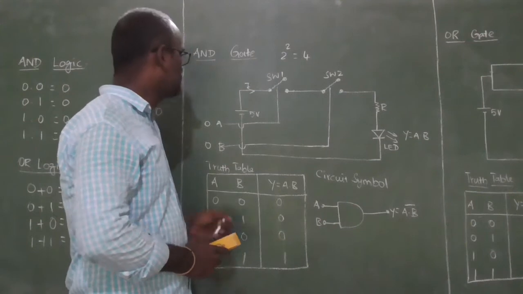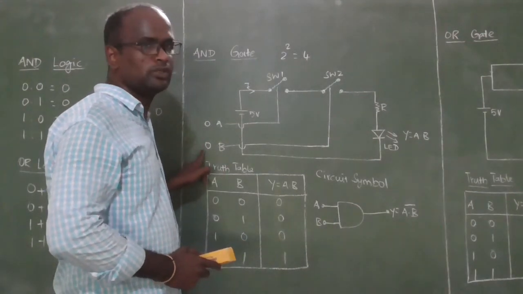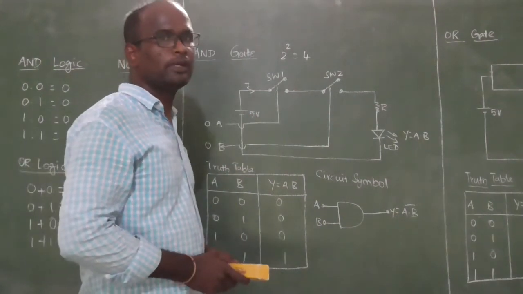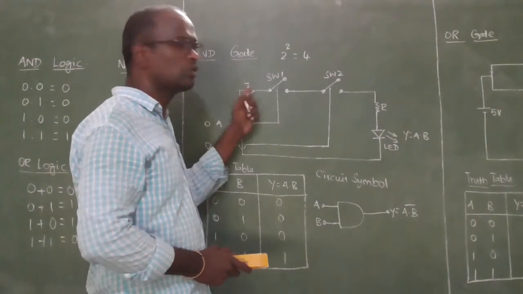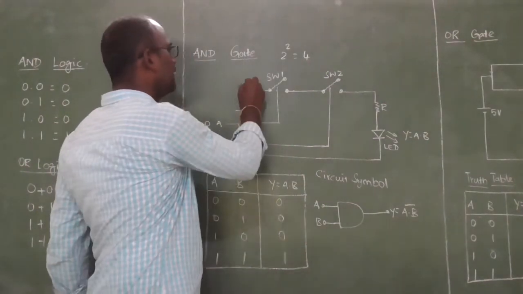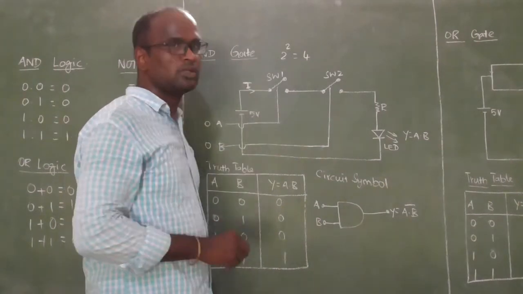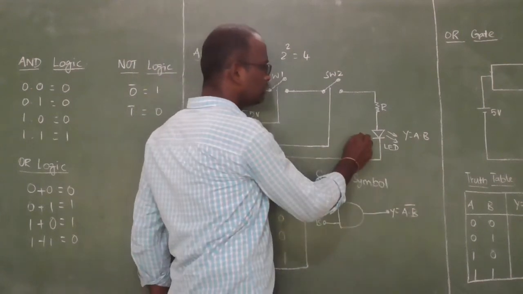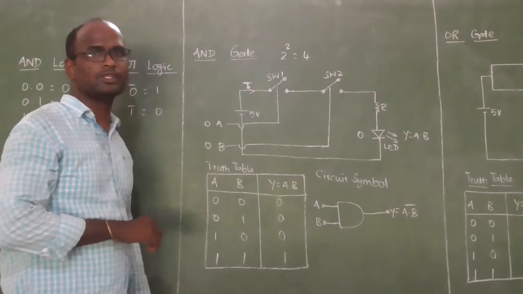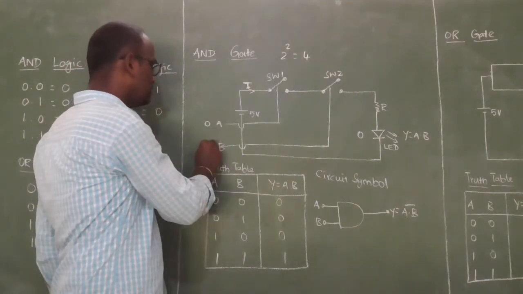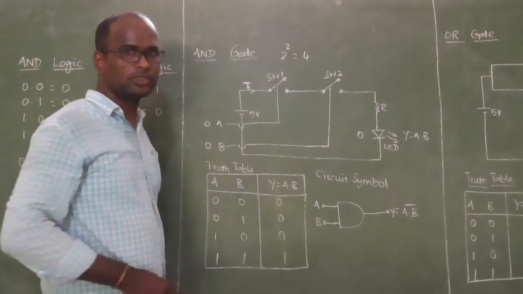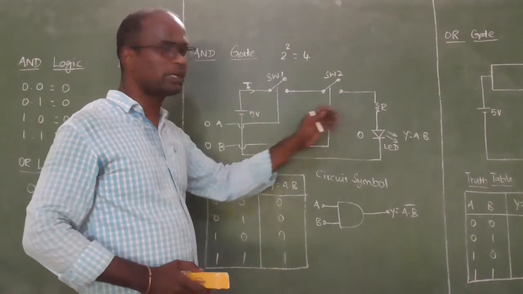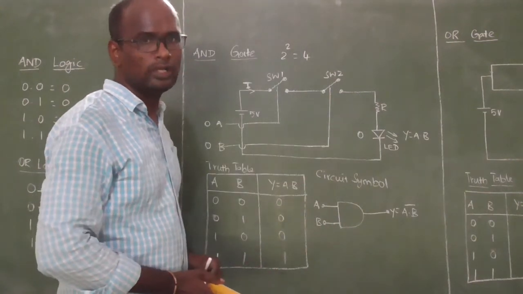So now we are applying 0, 0 for inputs A and B, so both the switches are open. Therefore, there is no current flow path for the main current from the 5 volt source to get into the output. Therefore, the LED will not glow for this input combination. That means if we apply 0, 0 as the inputs, then we get output as 0. There is no current flow, therefore the LED will not glow.